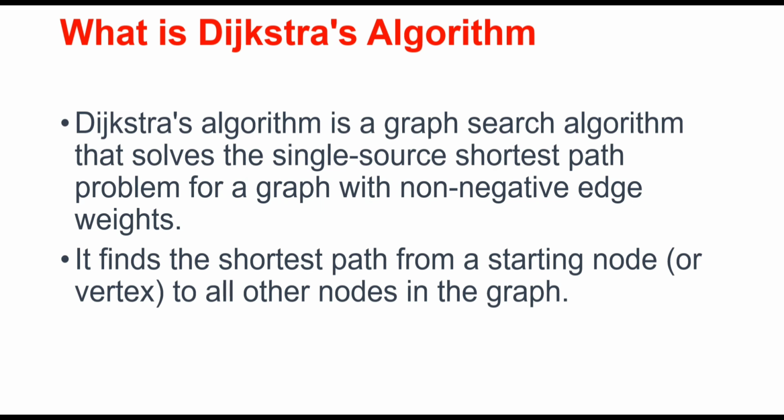Why is this algorithm used? It is used to find the shortest path, in network routing and graph traversal. In shortest path finding, it is used in navigation systems such as GPS route planning.